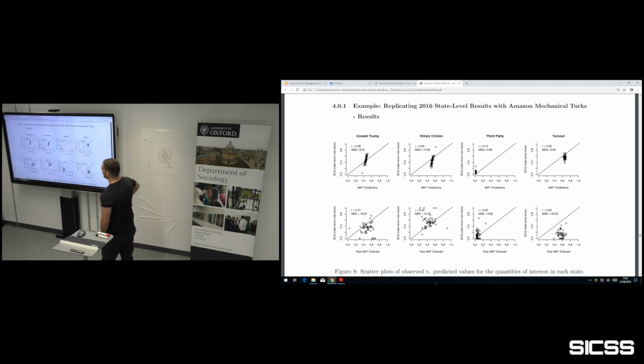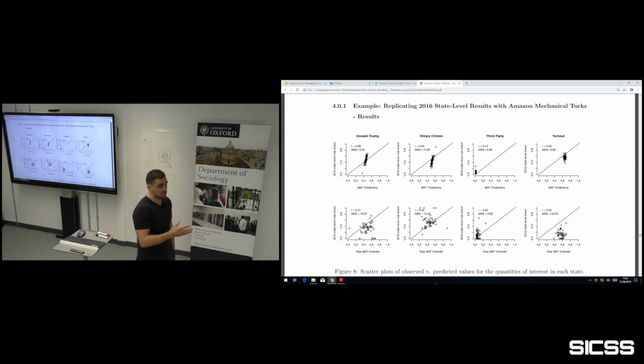There is clearly a phenomenon called attenuation bias happening. Even though the correlation is really high, the variance in the predicted state level vote shares is very small, which means that you get the correct order of the states, but very much shrunk towards the global mean.